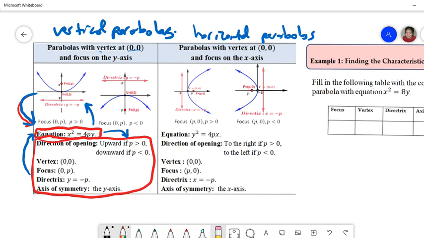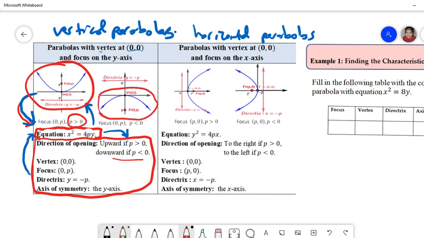The equation of vertical parabolas is x squared equal to 4py, and the direction of opening depends on p. If p is bigger than 0, we have this type of behavior, and if p is less than 0, we have this type of behavior.